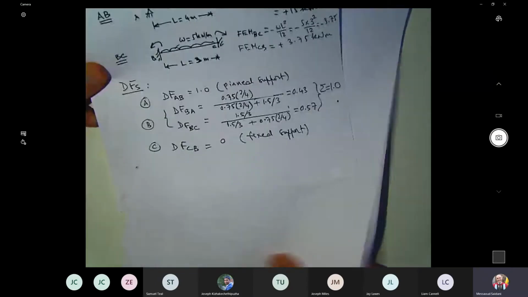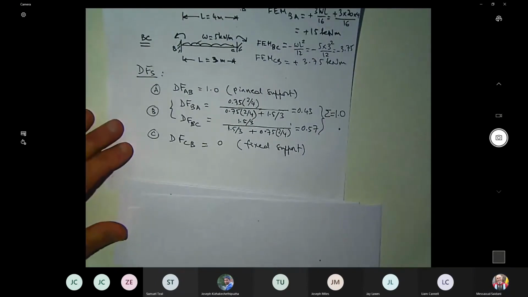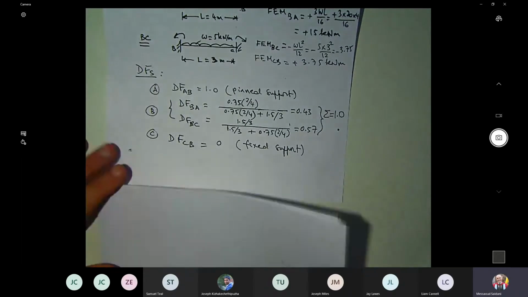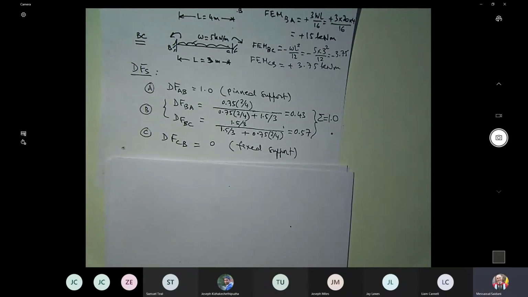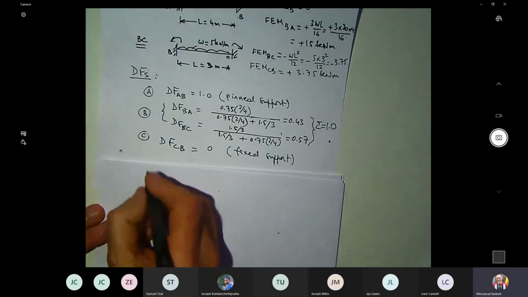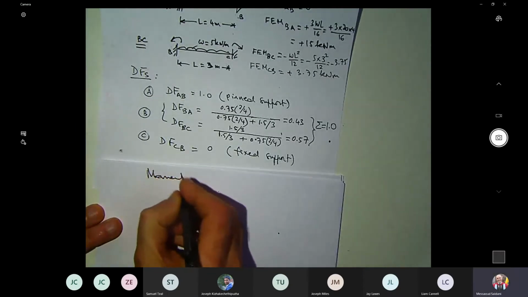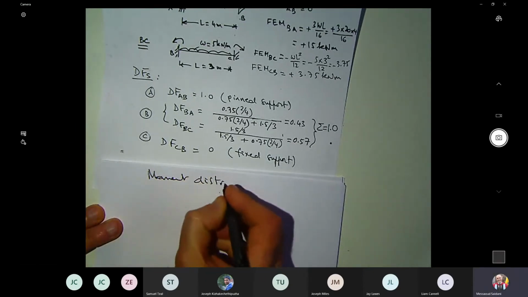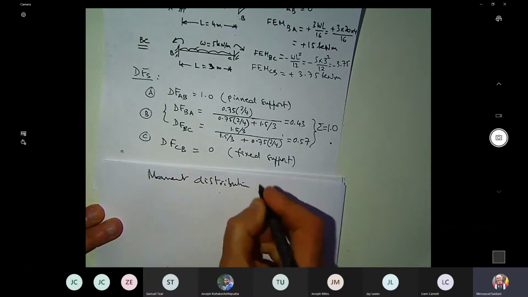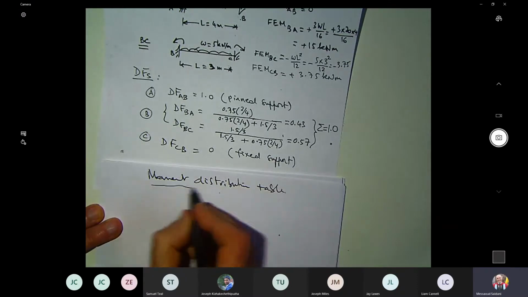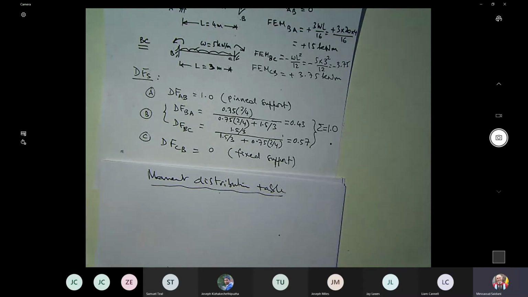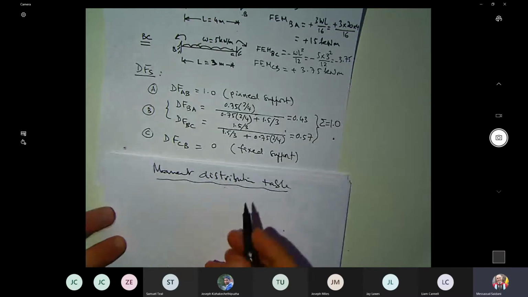So, moment distribution table. Now the moment distribution table. So again, leave about half a page.